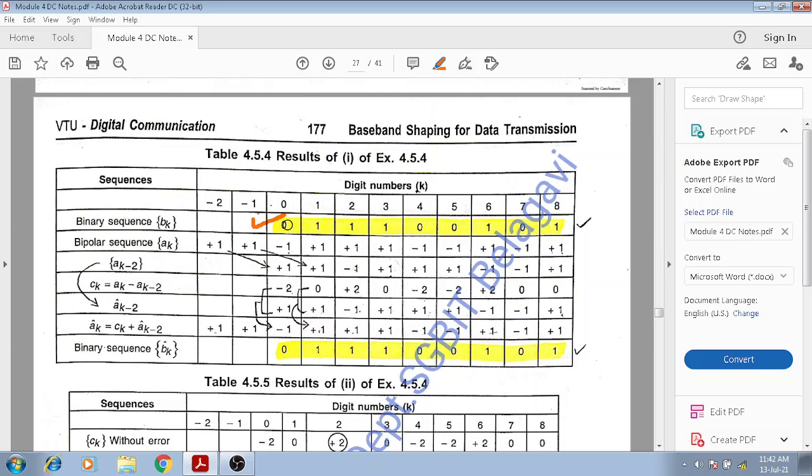So see here, so I am using AK. 0 is transformed into -1. We all know this one. In the previous class discussion also we have seen this. 1 is converted into +1, 1 becomes +1, 0 becomes -1. Only that is the logic here. So how to convert the sequence BK into AK?